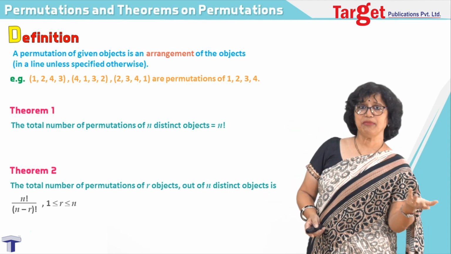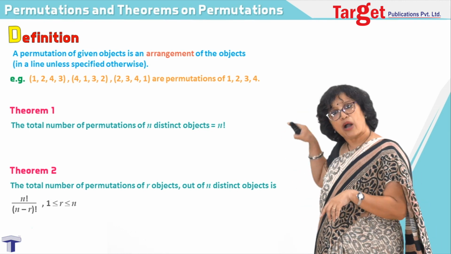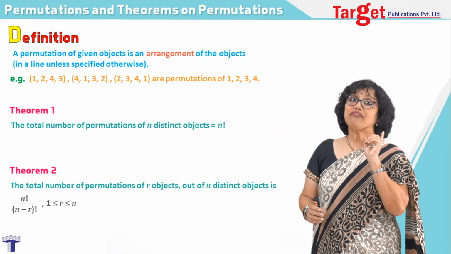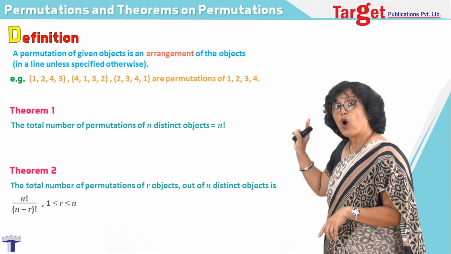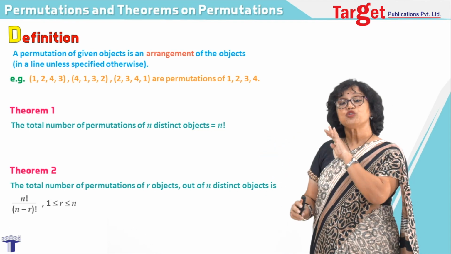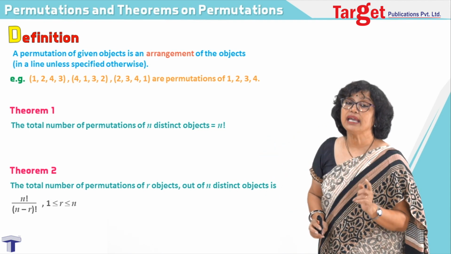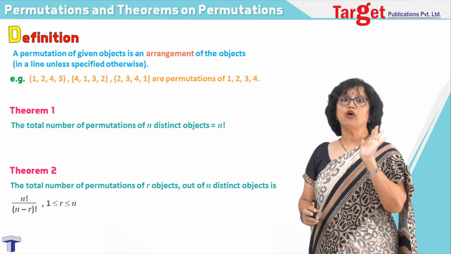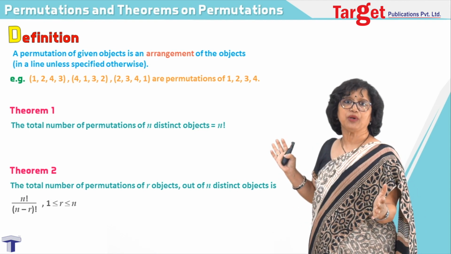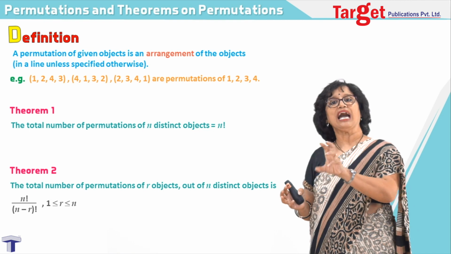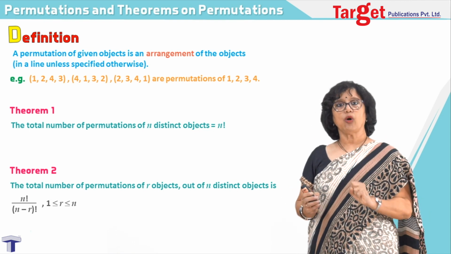It can be n also, it can be 1 also. Now how is it different from the previous theorem? The previous theorem said that you were taking all n objects, so n factorial was the answer. Here I am saying you take r objects only out of n objects. Not all are to be permuted, not all are to be arranged. Only r objects are to be arranged.